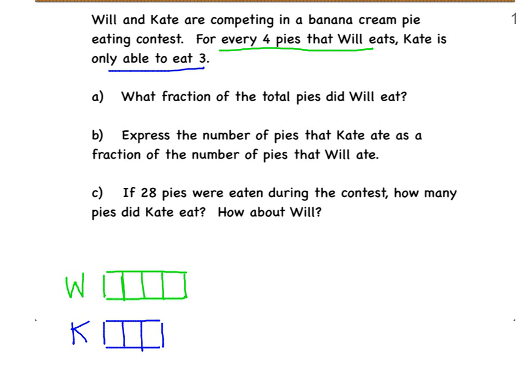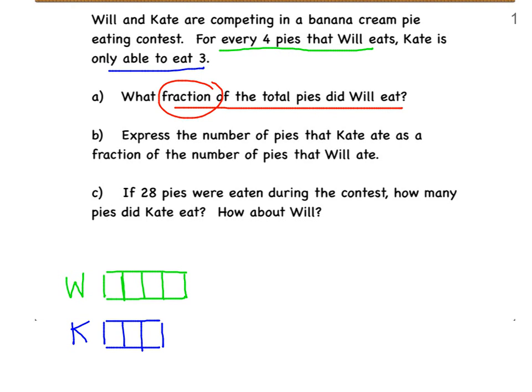All right, then let's take a look at the questions. Part A says, what fraction of the total pies did Will eat? Well, now they're asking something interesting, fraction. What we want to know is, out of all the pies that they ate, and we don't even know that right now, what portion did he eat?